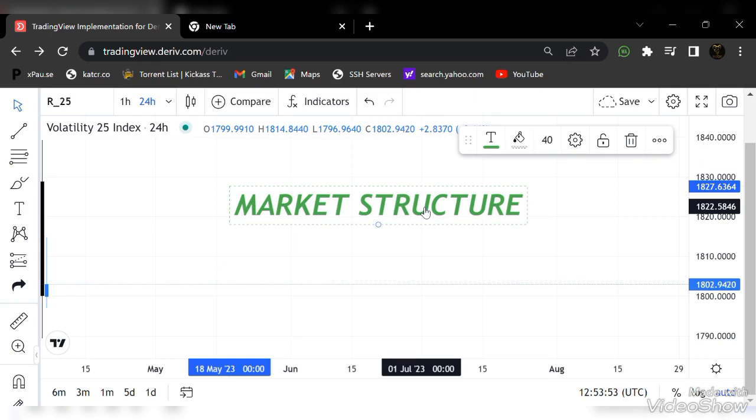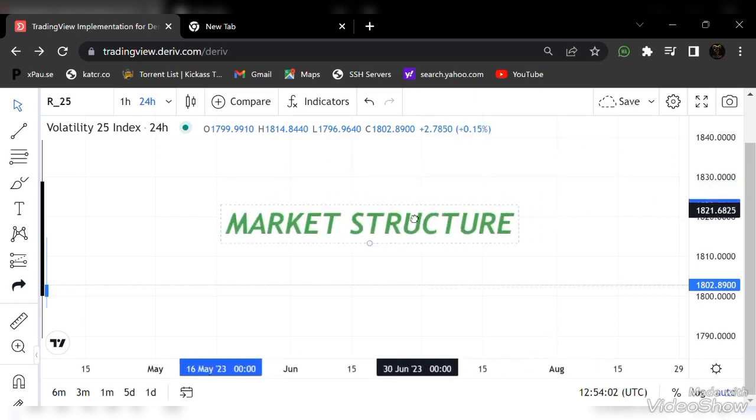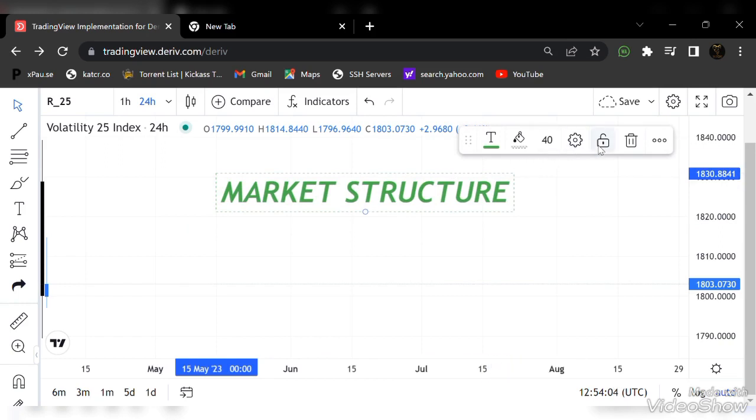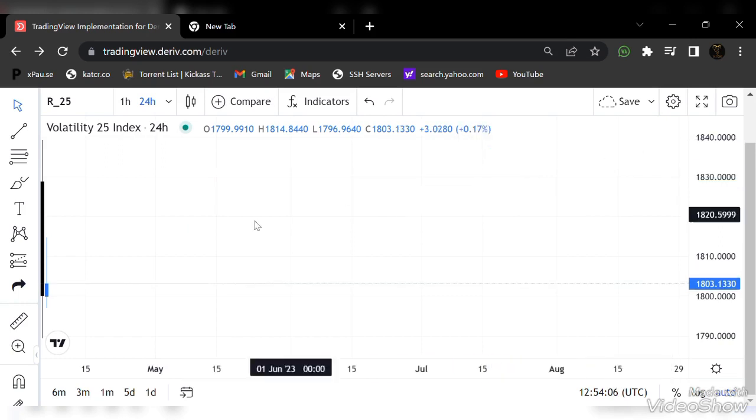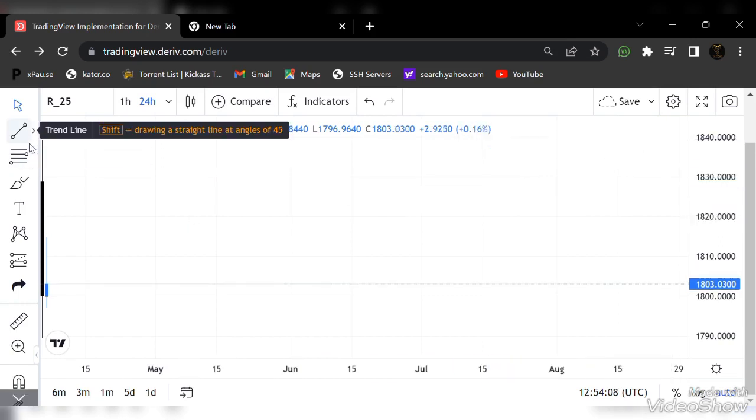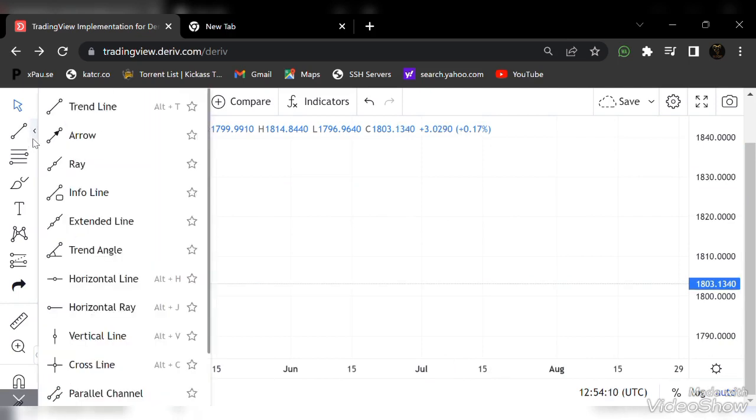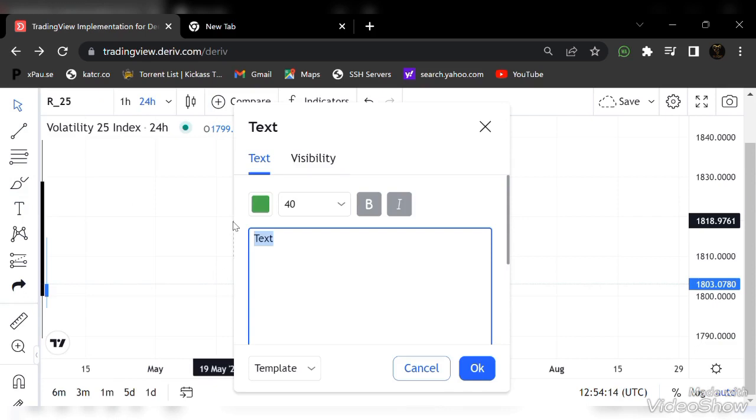So we have three different types of market structure. The first market structure that we have is called an uptrend.